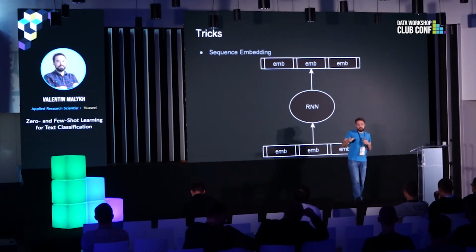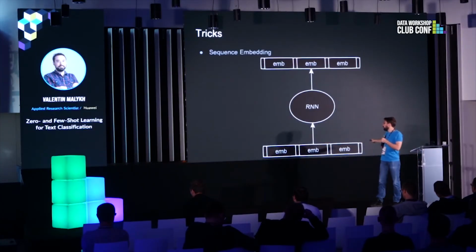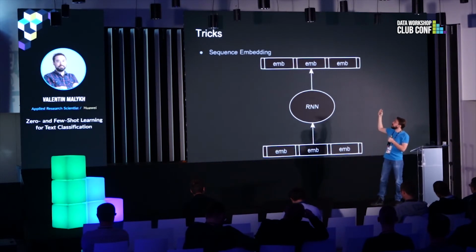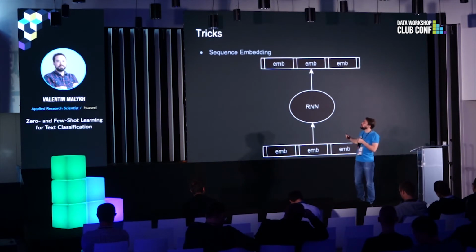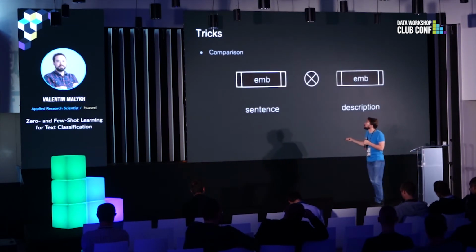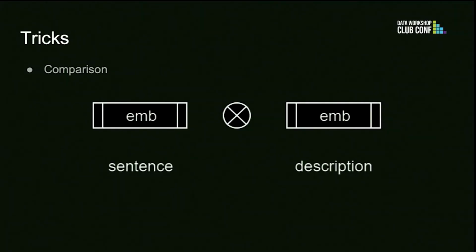So for slot recognition, we have embedded all the words in a sentence, for example, passed them through the RNN, and use them in a comparison with the slot description, and we produce the markup for the slot.